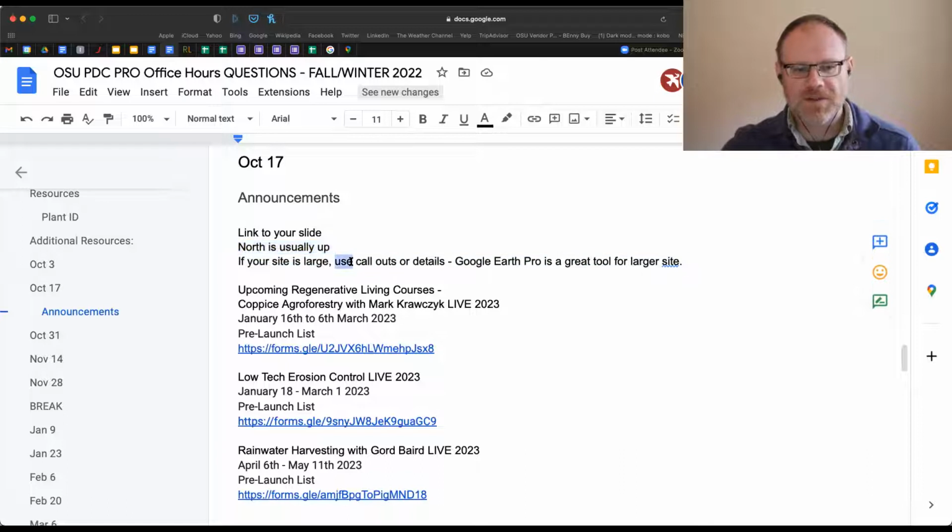A couple of folks have already asked this question. If your site is large or a different shape, then it'll be important to use callouts or detailed maps of each section. So I worked with a client 2-3 years ago, and they had a 300 meter by 20 meter site. And it didn't make sense to put it on a map.